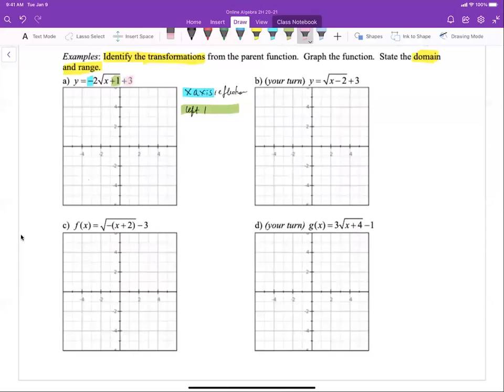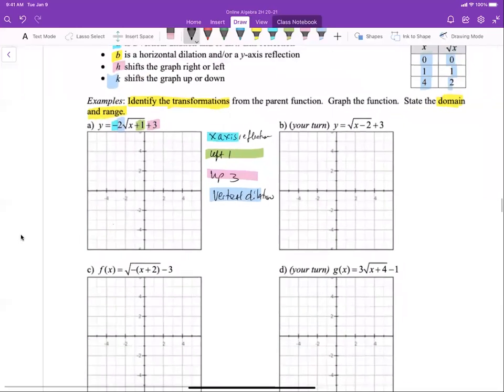And then we have this +3. It's outside, so that goes up 3. One last thing that I forgot to show you is this 2. 2 is outside, so it is a vertical dilation.